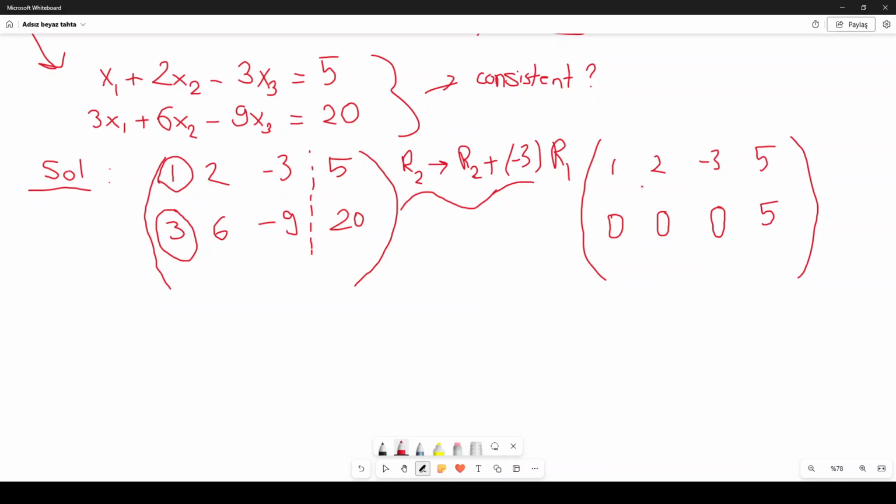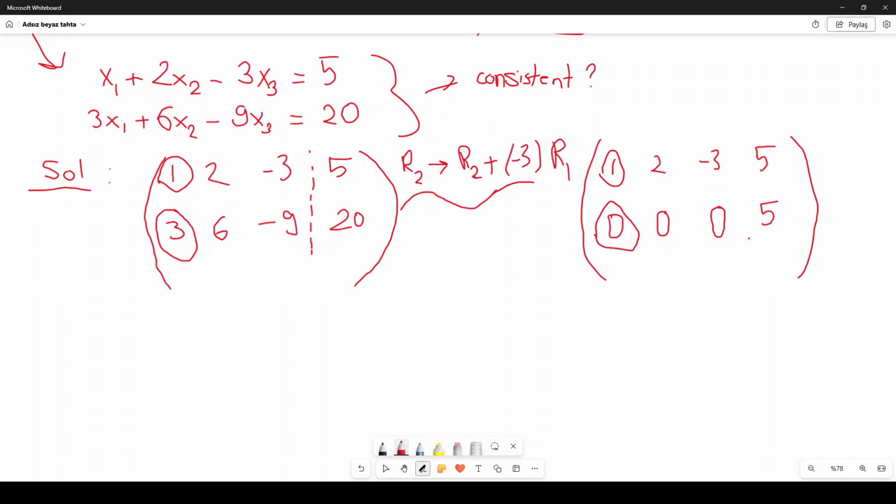Now I check whether this is in row echelon form, and yes, we have the first pivot element, and we have strictly increasing numbers of zeros from the top row to the bottom row. So this matrix is in row echelon form, and we're done with the Gaussian elimination method.